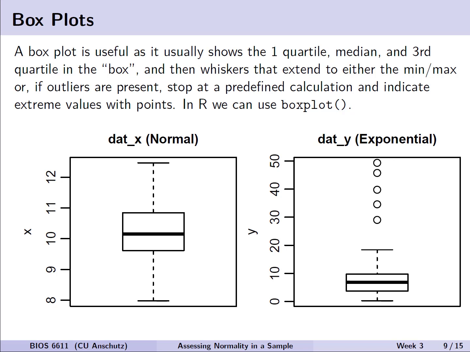And then they have whiskers that will extend either to the minimum and the maximum observed value, or depending on how extreme the data is, if we have really large outliers, there may be some underlying calculation to determine the width or length of the whisker, and then put the extreme values as points.